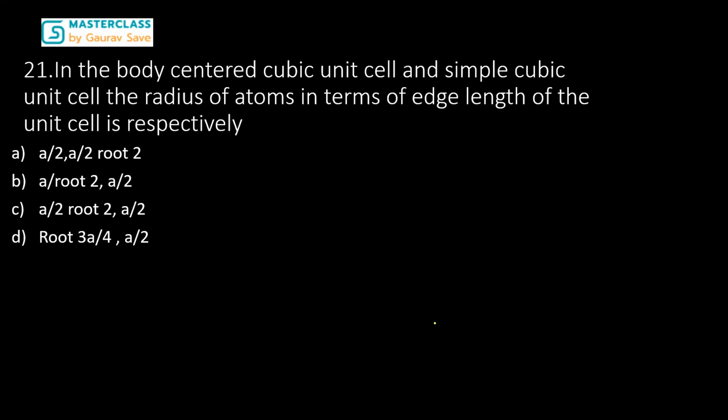Now in body centered cubic unit cell and simple cubic unit cell, radius of atoms in terms of edge length of the unit cell respectively is. So in case of simple cubic unit cell, I have told you to remember that edge length is 2 times r. Now they are asking us about radius. So radius will become edge length upon 2. And in case of body centered unit cell, edge length is 4r upon root 3.